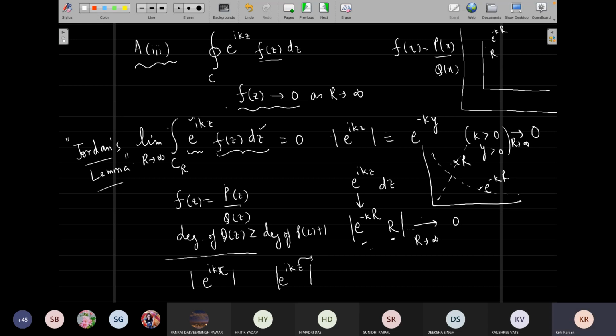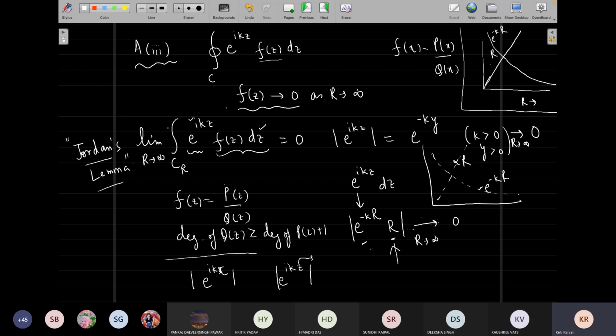How does e raised to power minus kr decrease as r increases? This is an exponential decrease, right? And how does this r, which is linear, increase? This of course is a linear increase. So this is a linear graph.